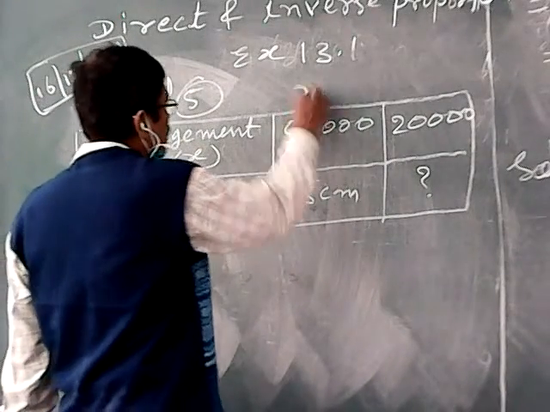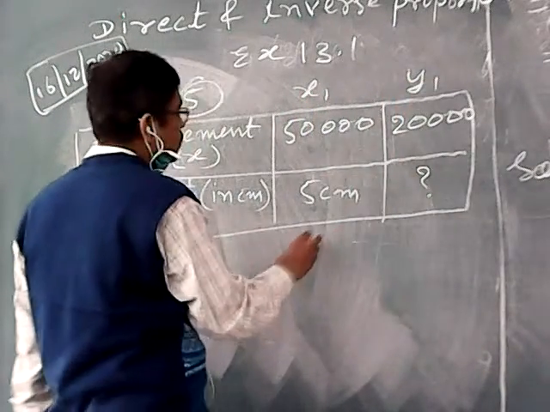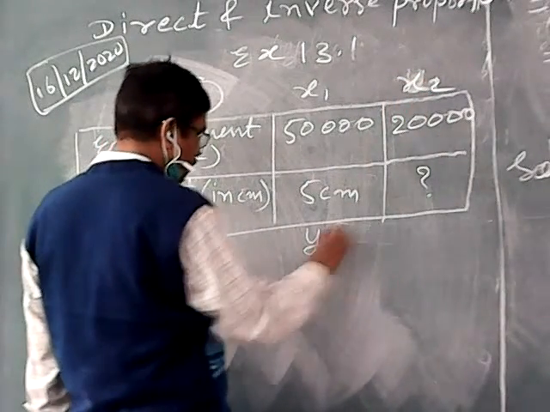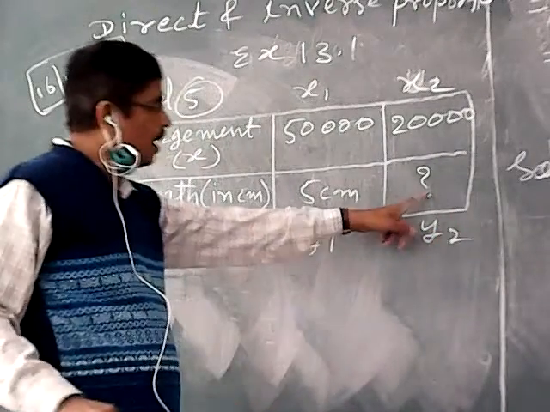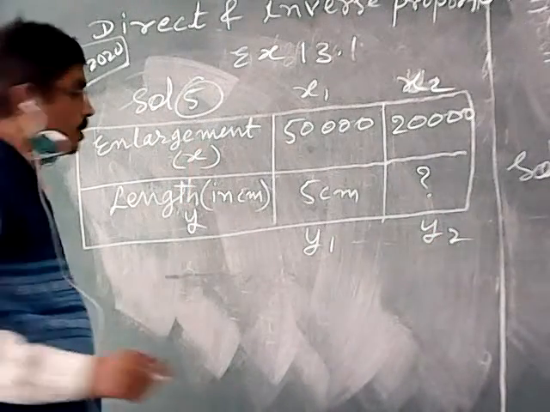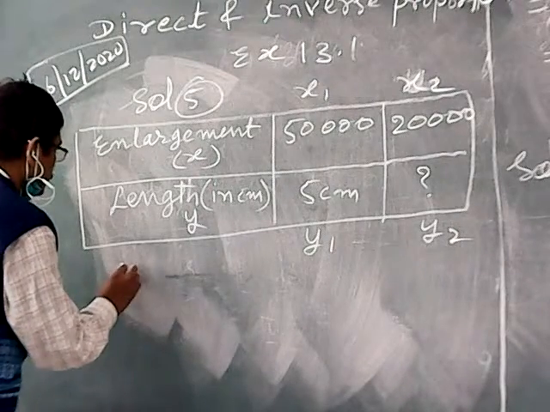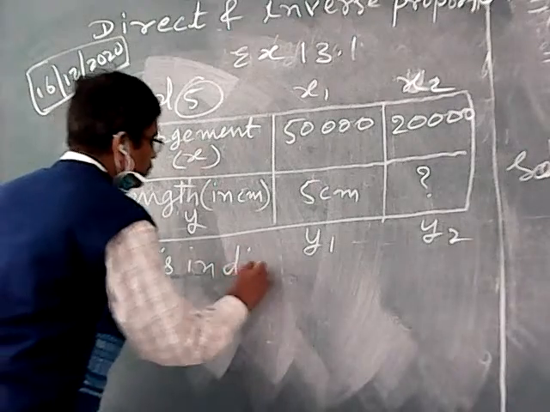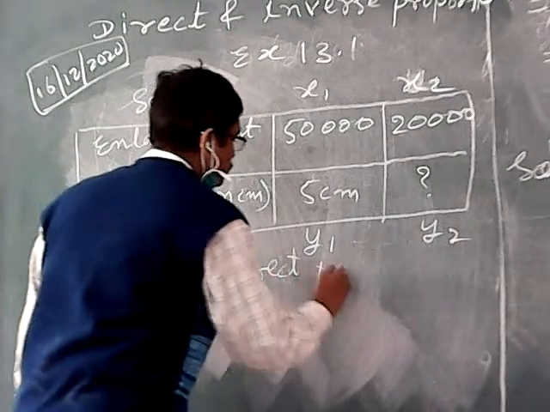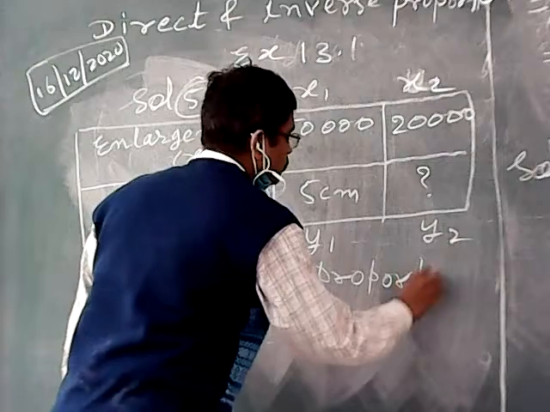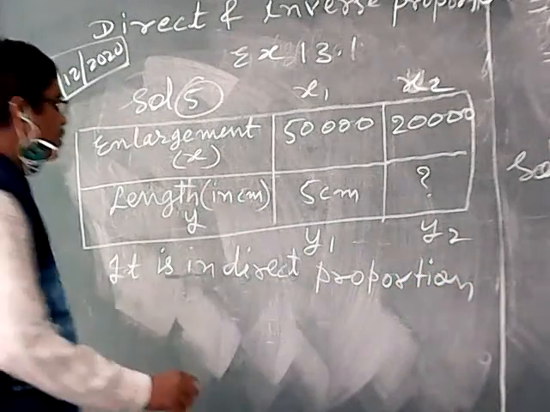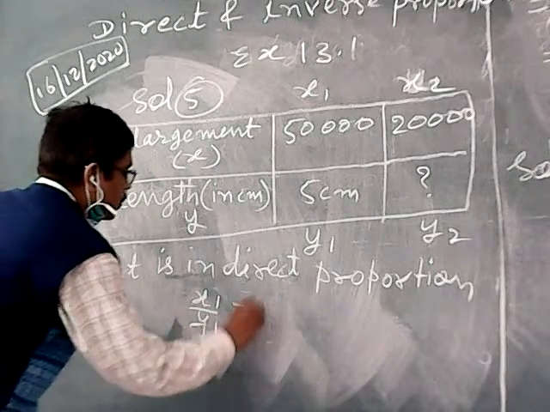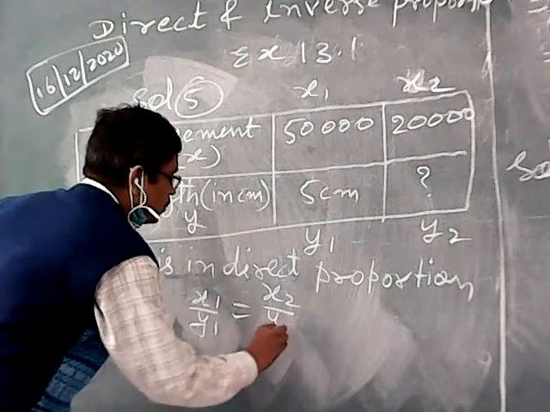So let us take x1, y1, and y2 we have to find. It is in direct proportion, so we can use the formula for direct proportion: x1 by y1 is equal to x2 by y2.